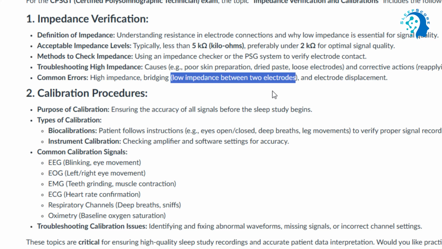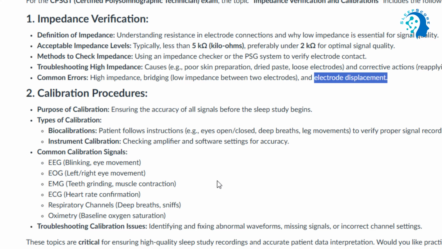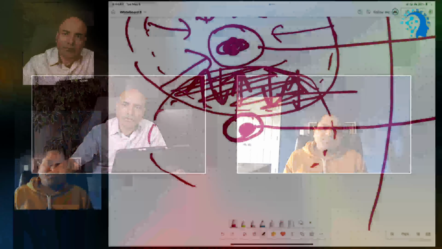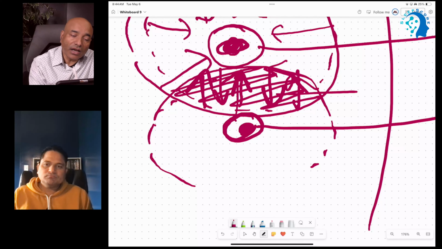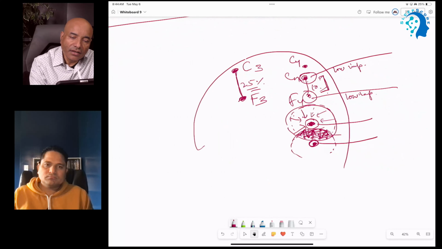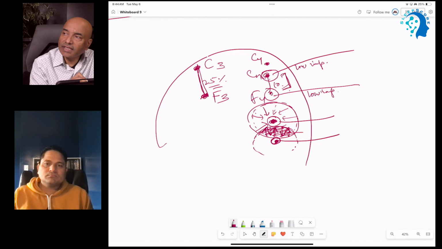If the electrode displacement or distance is lower and the measurement is no good, at that time we get that kind of problem too. That's why our measurement must be exact.